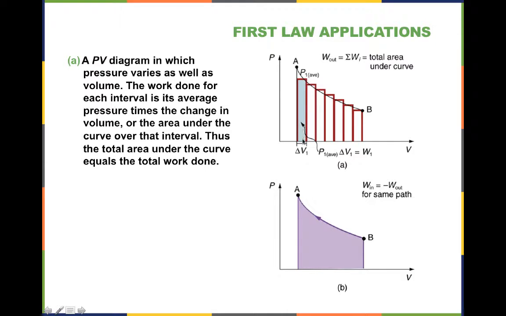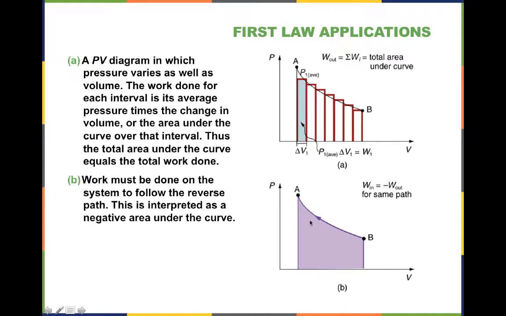And the area of each of these boxes, if you add them all up, is an estimation of the work done. And if you're able to calculate this along this path without using the estimate boxes, this area under here is the work that's performed.